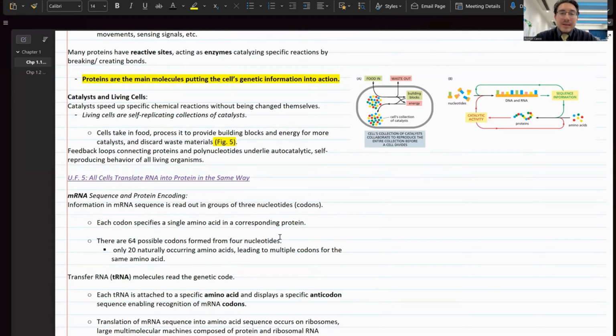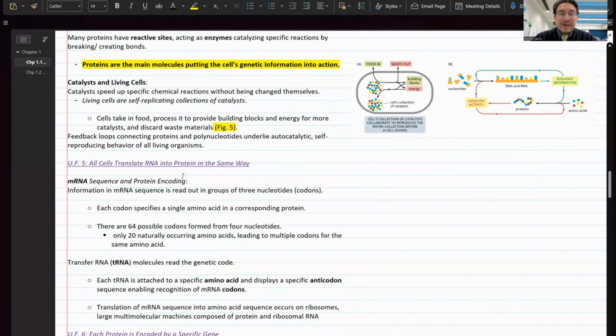In that sense, you have feedback loops that connect proteins and polynucleotides that are referred to as being autocatalytic, showing self-reproducing behavior within cells of all living organisms.